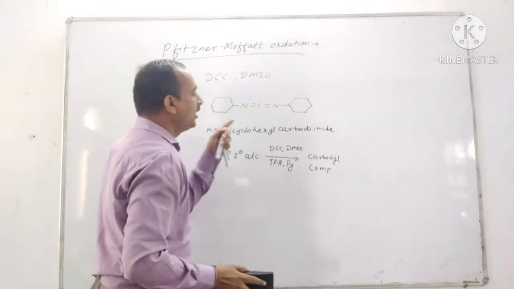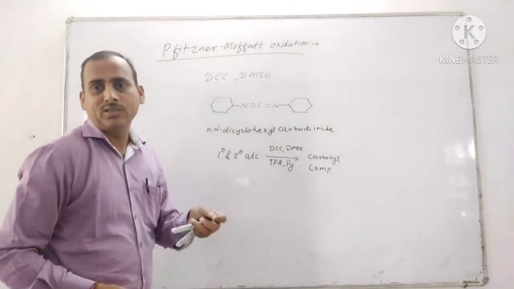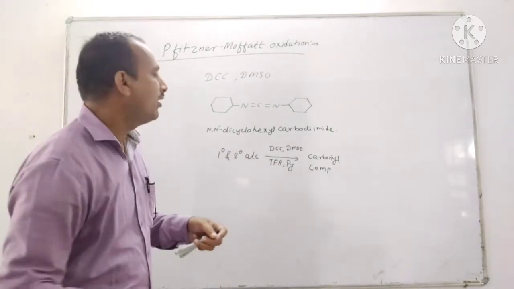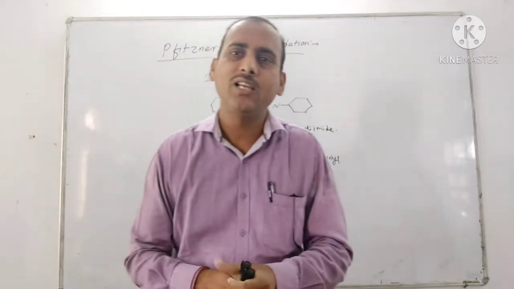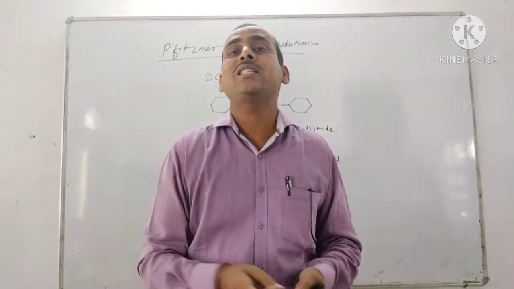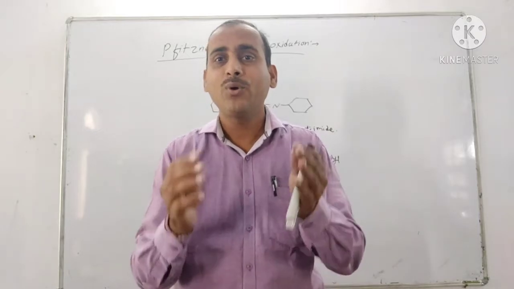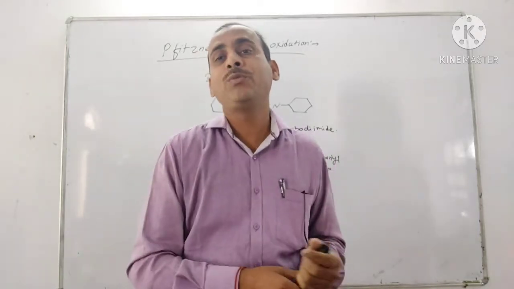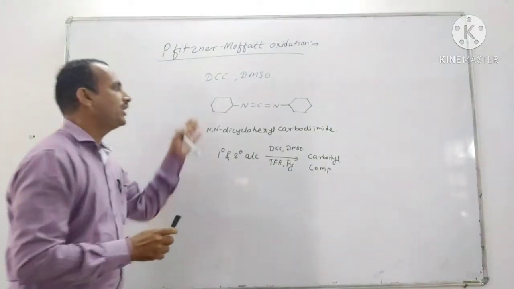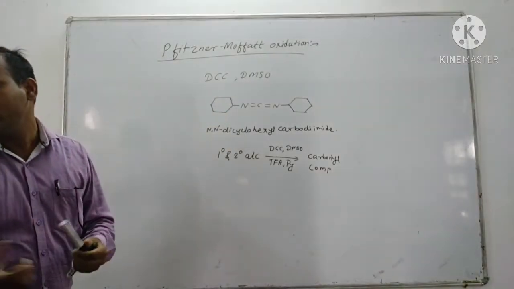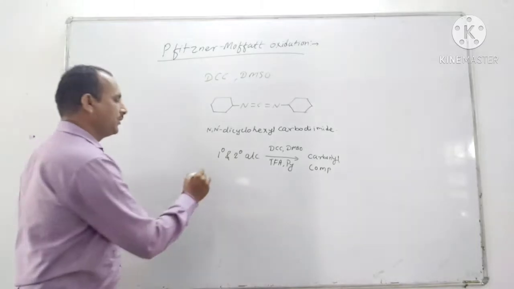But after the oxidation there is a formation of dicyclohexylurea, and that dicyclohexylurea formed is difficult to remove from the product, and therefore instead of DCC, EDC is mostly used.